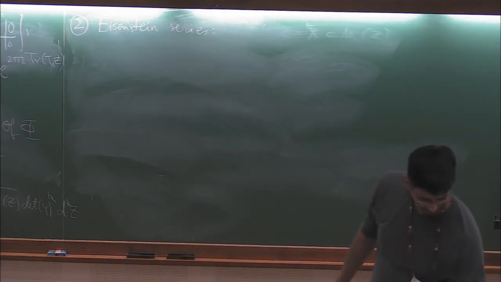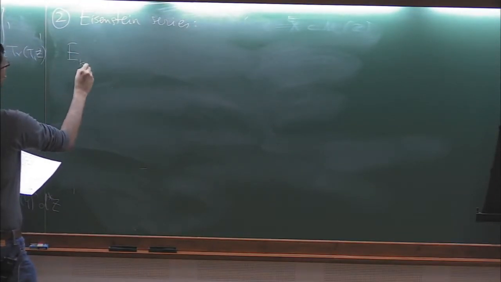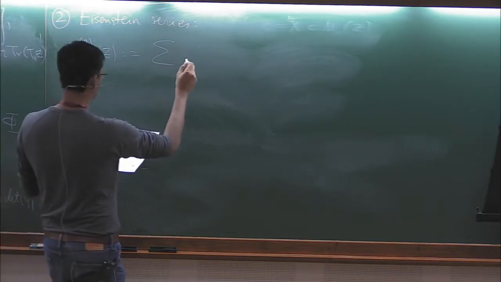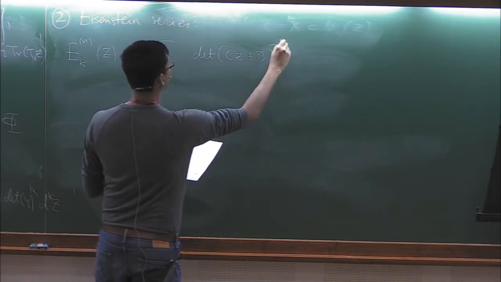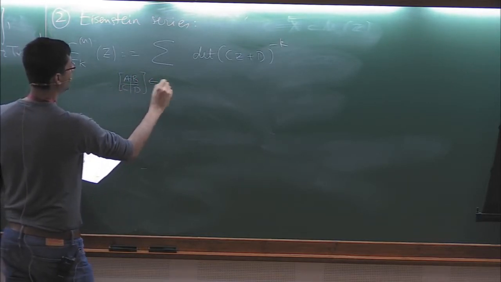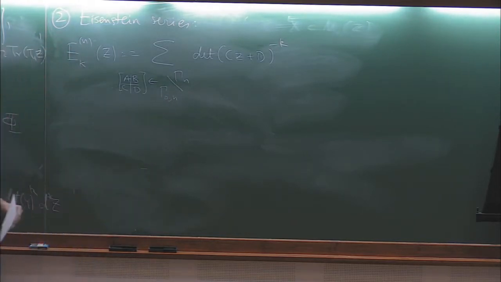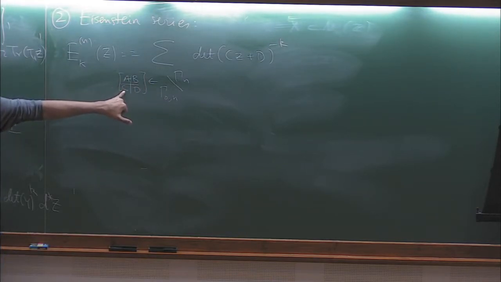And here the definition is E_{k,n}(Z) is defined as the sum of determinant of (CZ+D) to the minus k, where (A B; C D) is in Γ_n modulo Γ_{0,n}. And what is Γ_{0,n}? It's a subgroup of Γ_n where the C is equal to 0. So it's in the Siegel parabolic, if you know about Siegel parabolics.